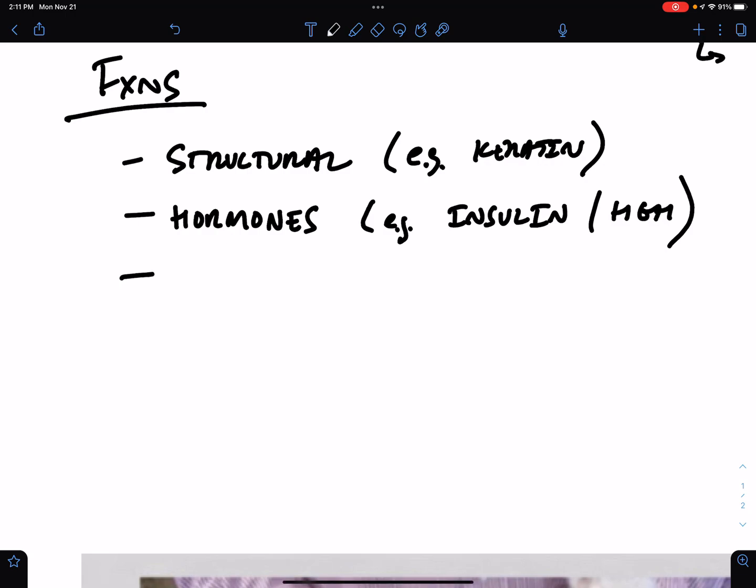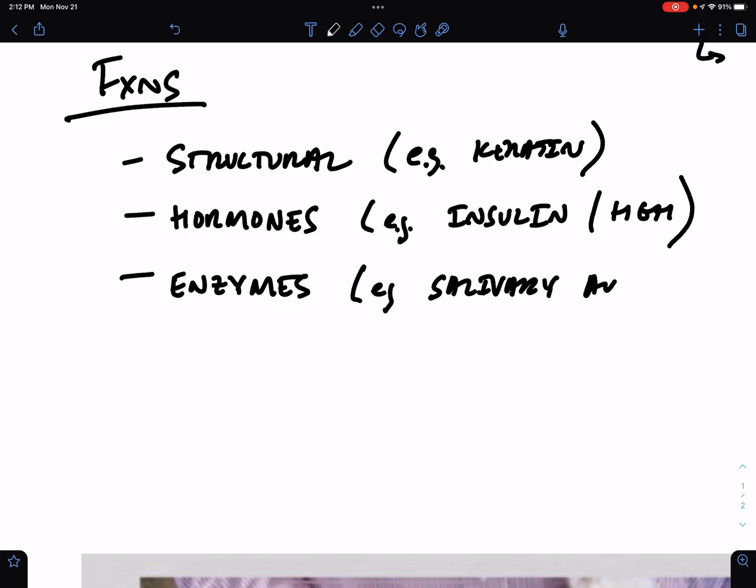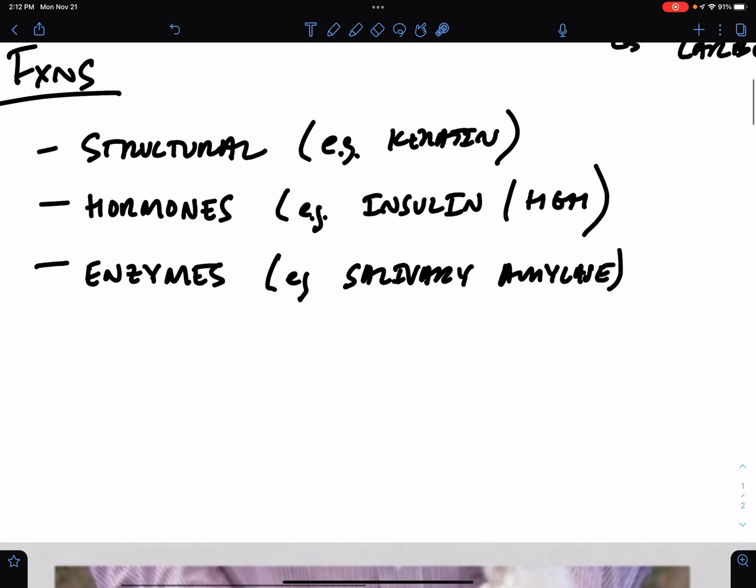Another super important function of proteins is enzymatic. So proteins also form enzymes. There are so many different types of enzymes, and we're going to be talking about tons of different enzymes over the course of this year. The one example that I'm going to give to you today is salivary amylase. Okay, an enzyme is essentially like a little biological catalyst.